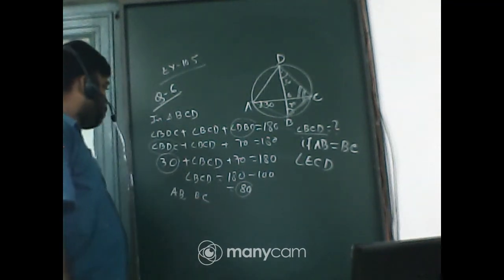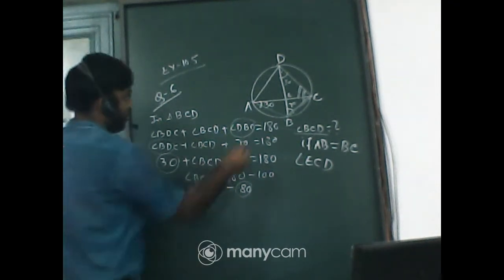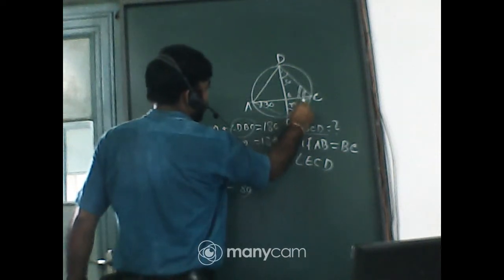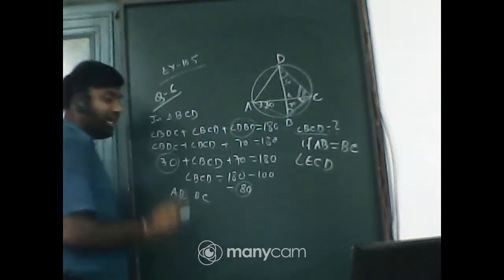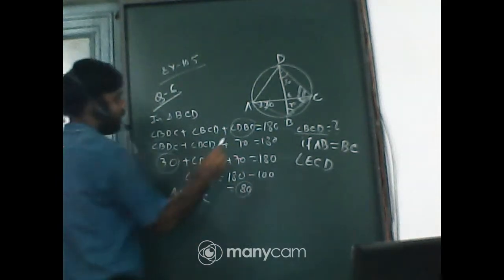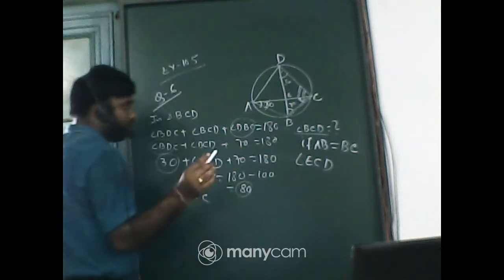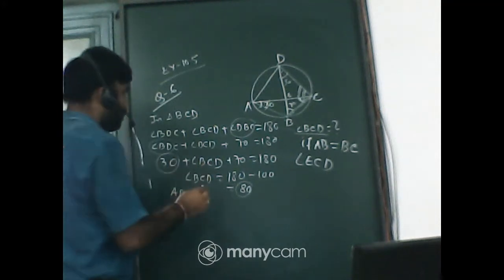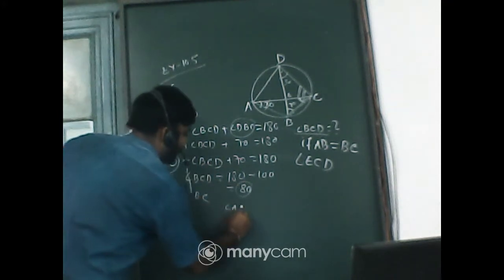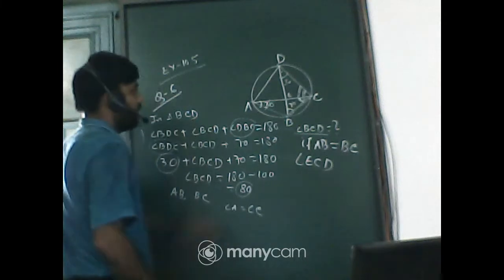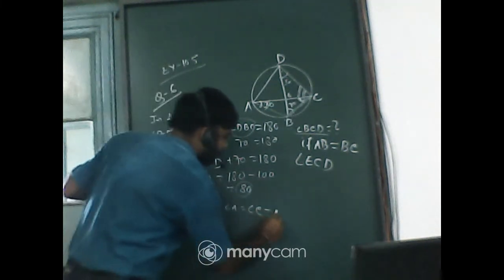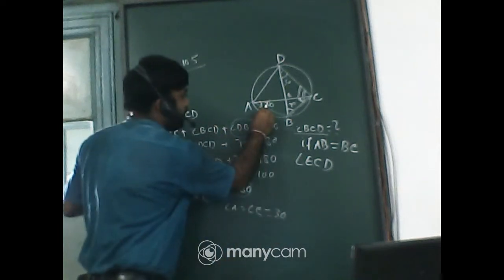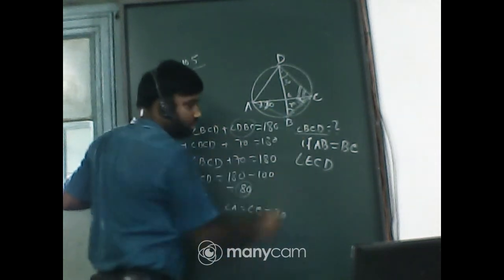if AB equals BC, it means these two angles are equal, because that is an isosceles triangle. Isosceles triangle means base angles will be equal. So angle A equals angle C, that is BCA. What will be the value of BCA? That is 30 degrees, as it is the base angle.